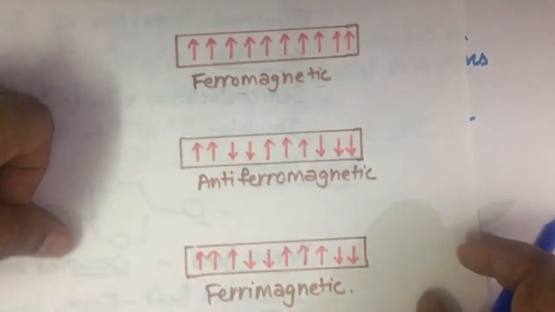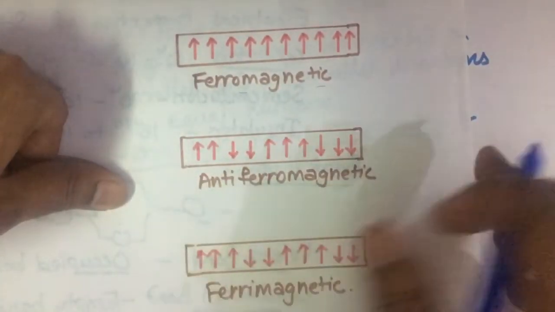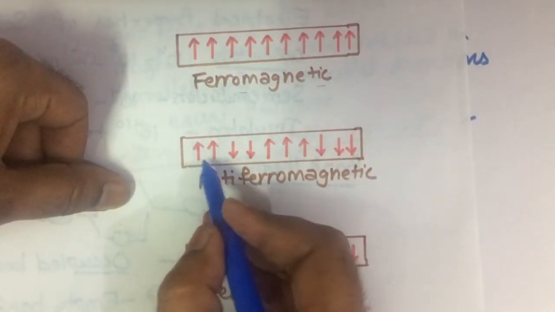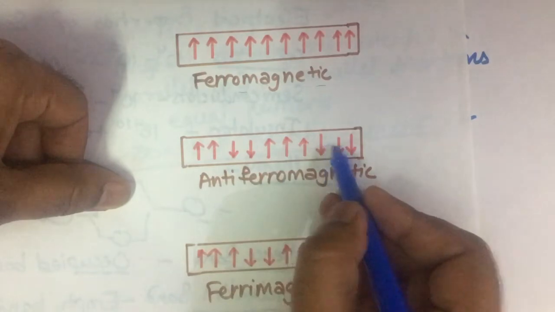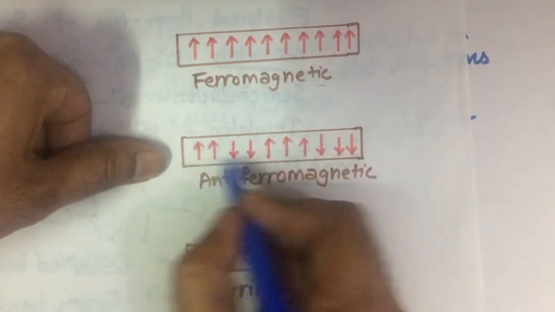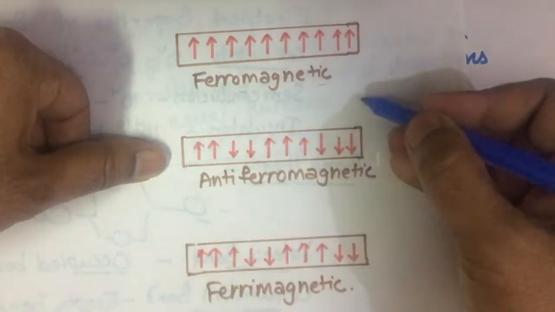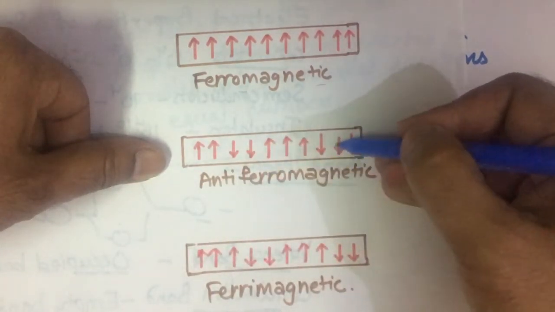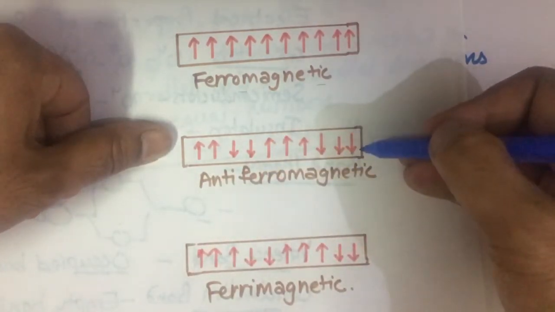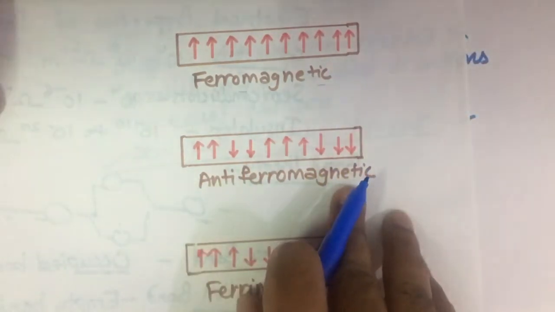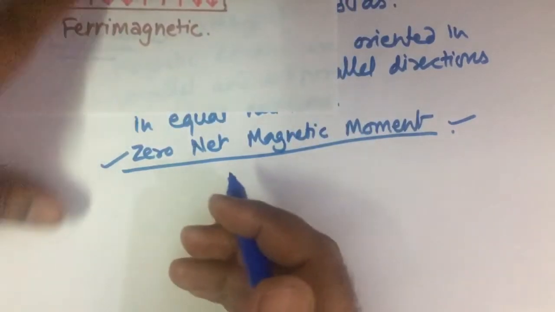So this is the representation of an antiferromagnetic substance. You can see here I have shown 10 arrows, out of which 5 are in the upper direction and 5 are in the lower. So parallel and anti-parallel are equal in number, and this is the representation of an antiferromagnetic substance.